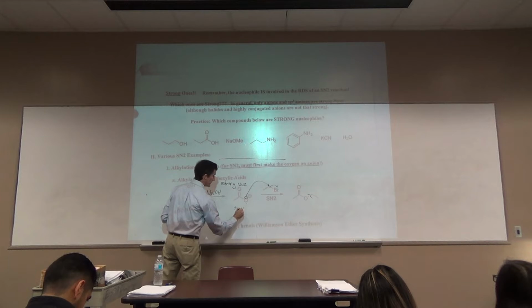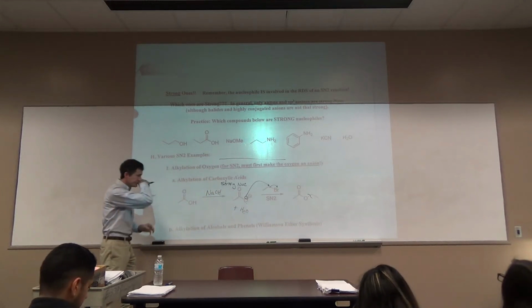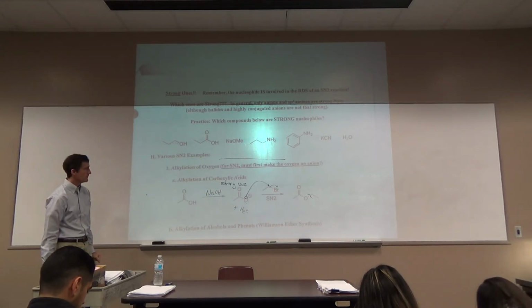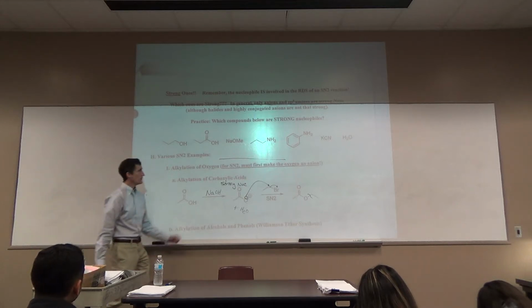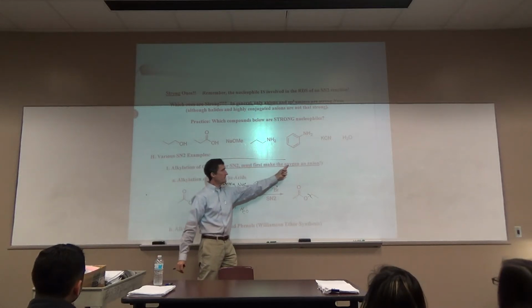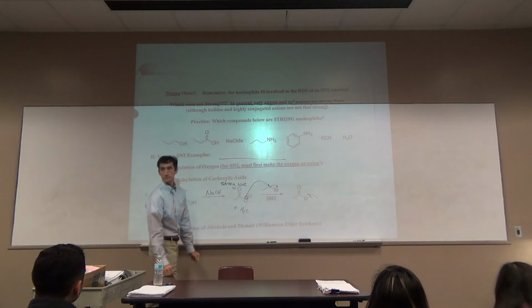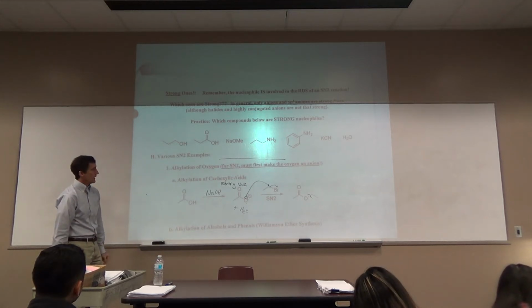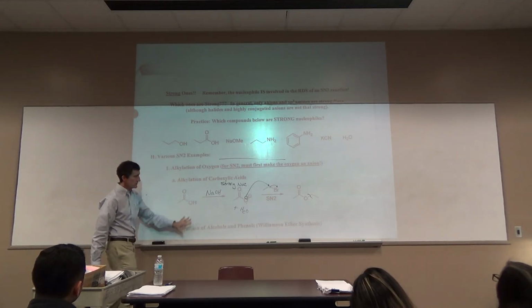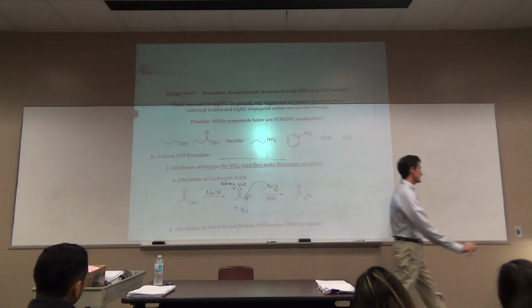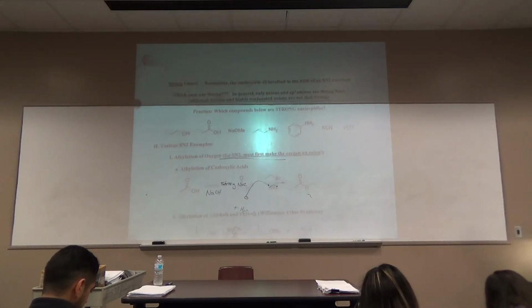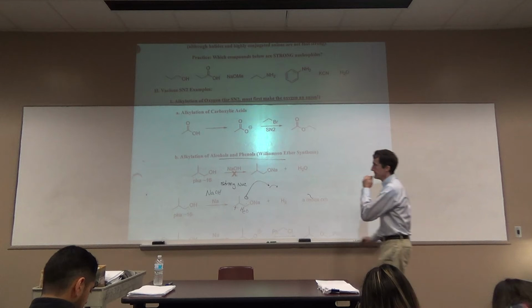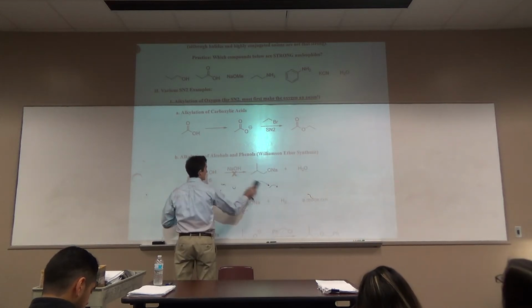Make that plus water, right? So, to do an SN2, we must first make the oxygen anion. For carboxylic acids, you can use sodium hydroxide or potassium hydroxide. You can use a variety of bases. What about regular alcohols?